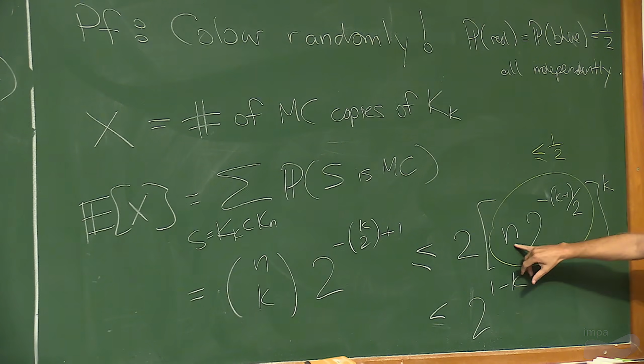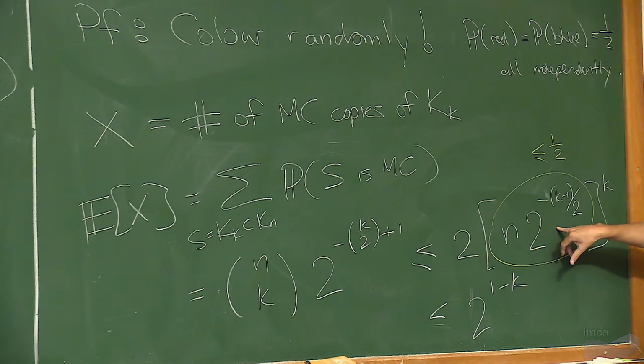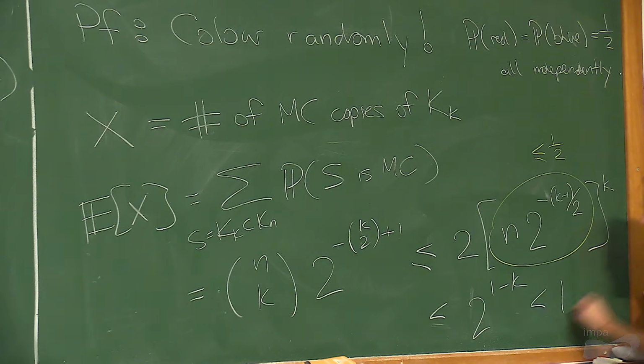So just make n a little bit smaller than root 2 to the k, and this is true, and this is less than 1. Is it okay? Expectation is less than 1, so with positive probability it's 0, so there exists a coloring with no monochromatic K_k.